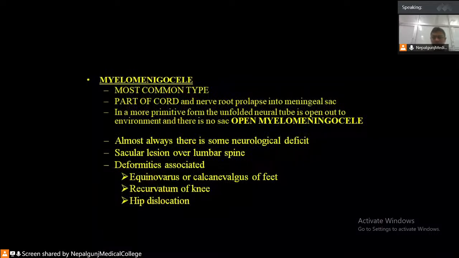In a case of a myelomeningocele, whether closed or open, there is almost surety that the child will have some degree of neurological deficit. There is usually a sacral or lumbar spine lesion. The deformities often encountered in our orthopedic practice are equinovarus or calcaneovalgus deformity of the foot, recurvatum of the knee, and hip dislocation.